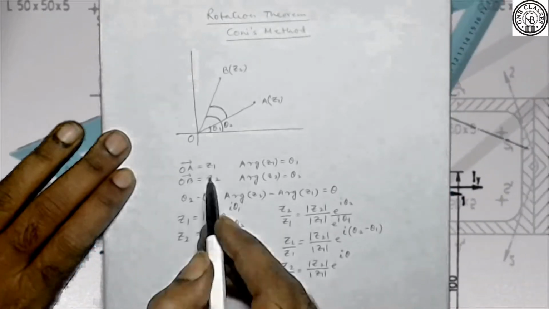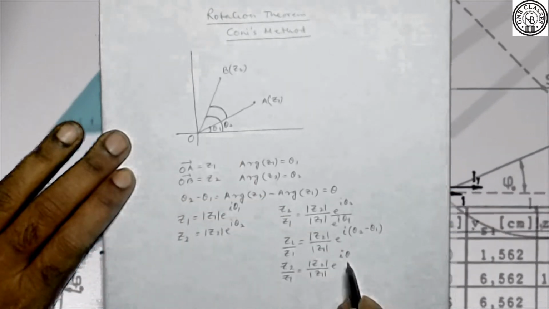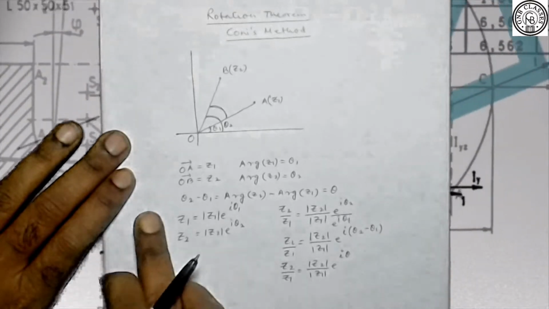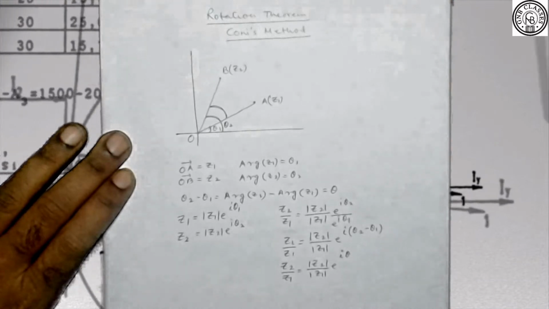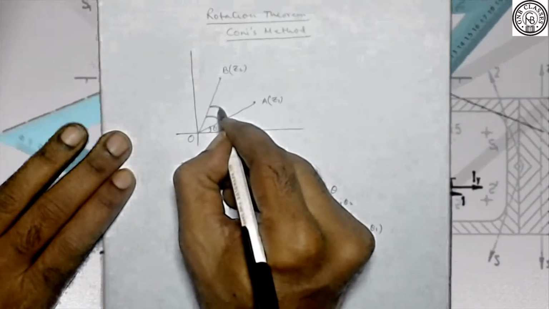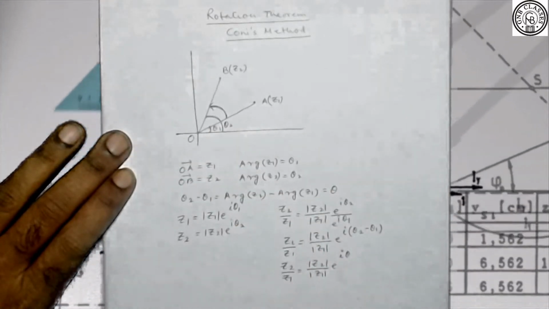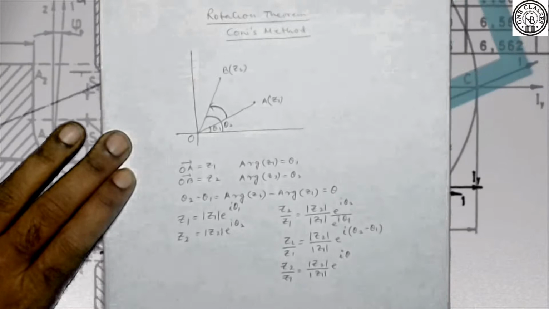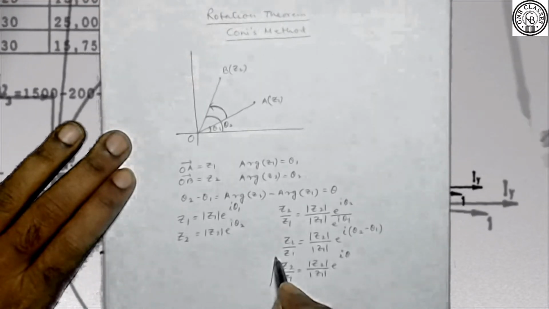Now, this theta, if you observe, I have taken it positive. As I told you before, we take the angle to be positive when we measure it in the anti-clockwise direction. Therefore, we have measured this angle in this way. That is why we are getting this theta as positive. Otherwise, we would have got it negative. Is it clear now?